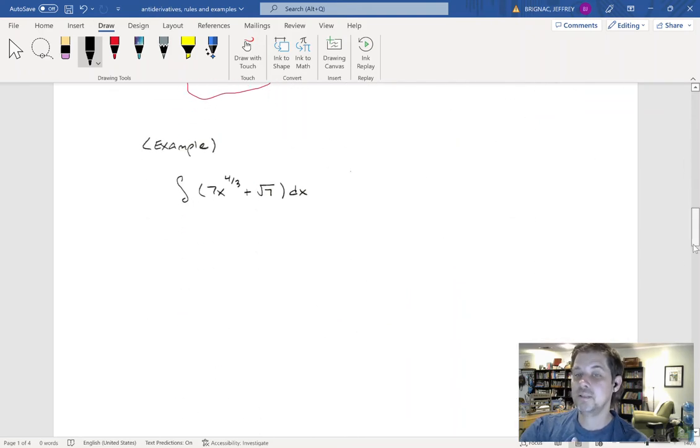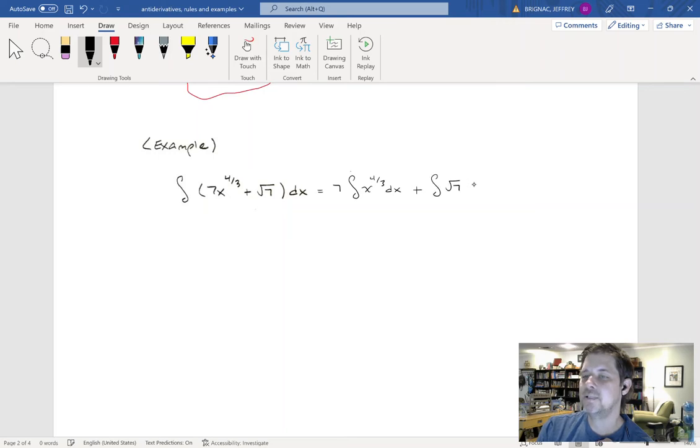Here's how I'll break this one down. I'll have the 7, and I'll find the antiderivative of x to the 4/3 power. And then I'll add whatever the antiderivative of root 7 is. Now let's go through this.